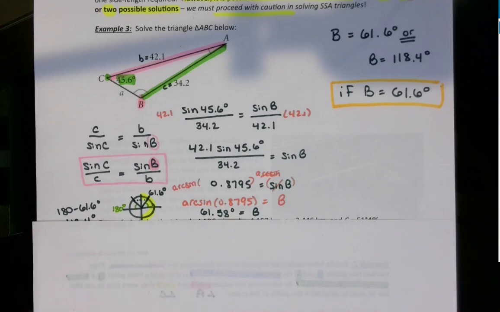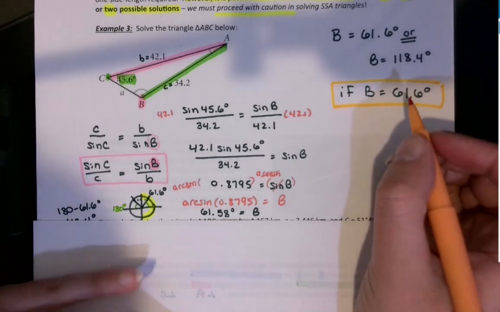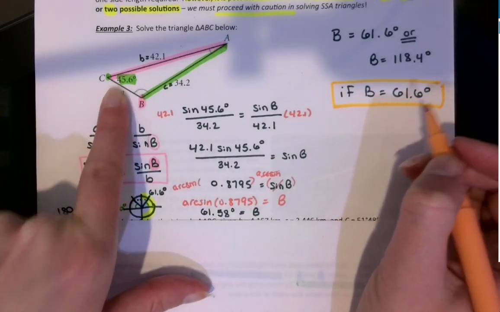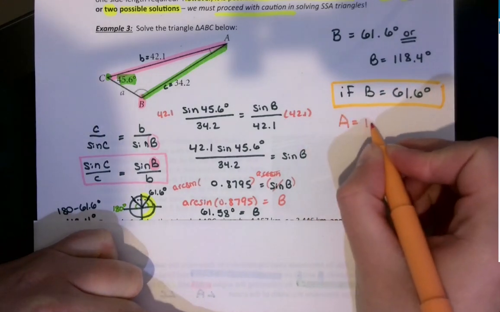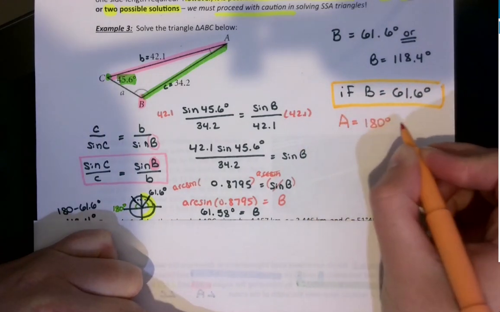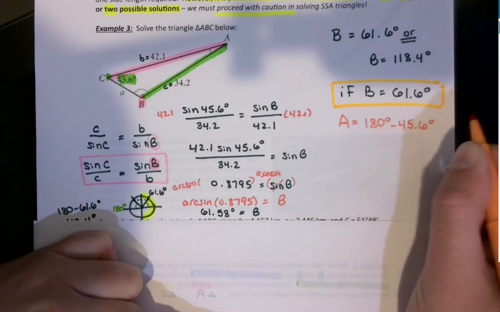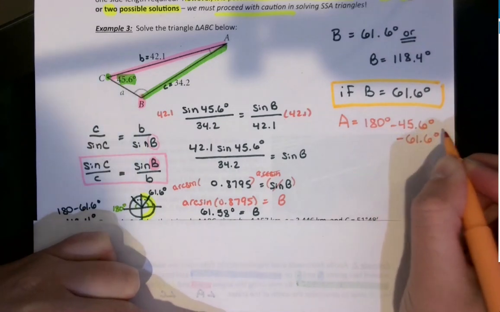What if B is 61.6 degrees? Then I know two angles, since C for sure is 45.6. So I'm going to find angle A. And angle A would be 180 degrees minus the 45.6 degrees minus the 61.6 degrees.